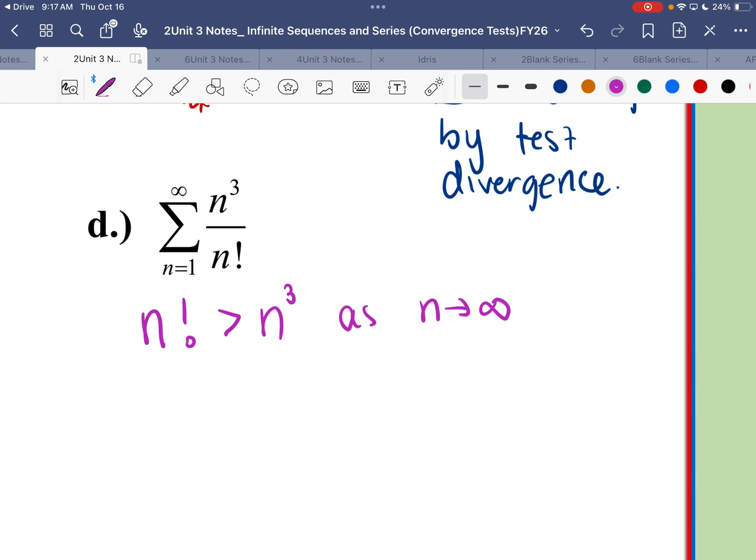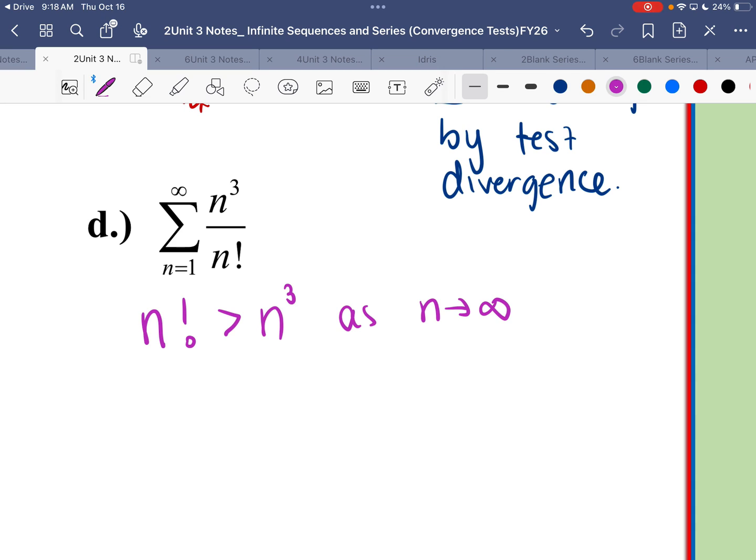It's going to be enormous. 100 factorial is in the billions, maybe even trillions, and 100 cubed is just 1,000,000. So the cubed is in the millions, whereas the factorial is in the billions or trillions. It's an actually enormous number.